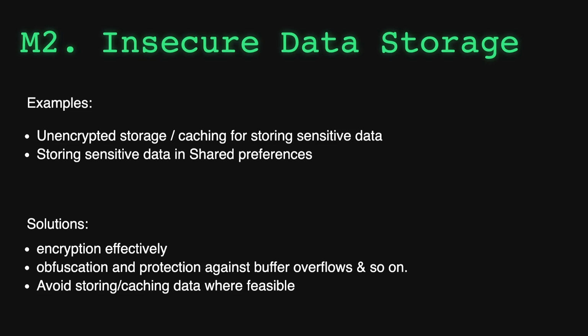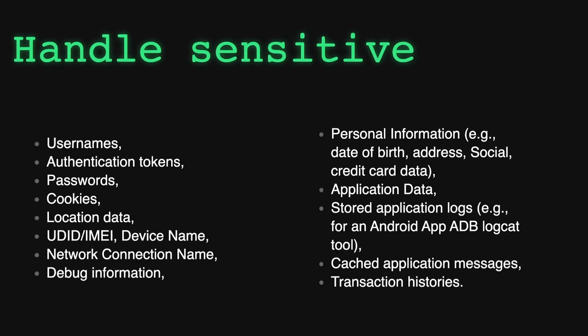For example, encrypting effectively, obfuscation or protection against buffer overflow and so on, or avoiding storing sensitive data in storage that can be so visible. When we are talking about sensitive data, we're talking about usernames, passwords, authentication tokens, and maybe personal information that should not be part of unencrypted storage.